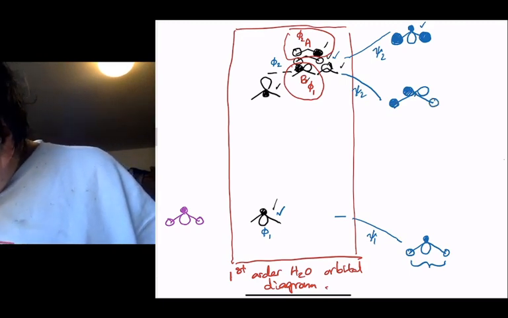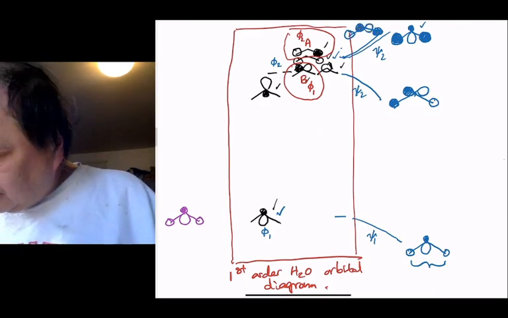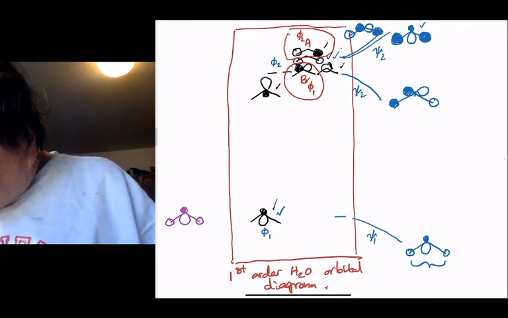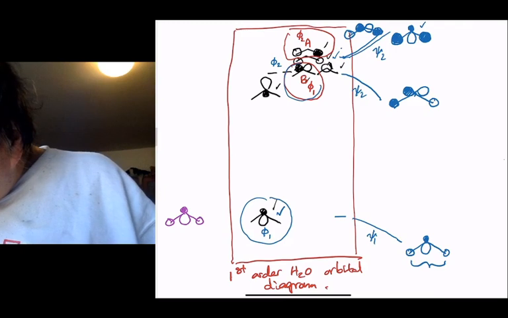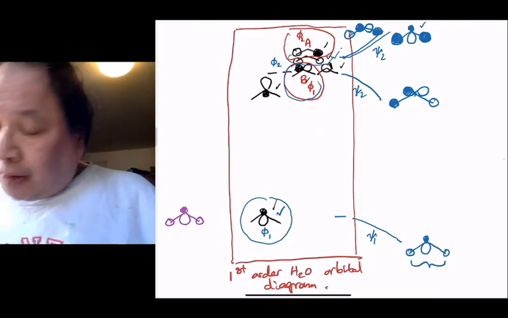And the out of phase combination will be then phi 1, which will be this guy, plus this guy. That makes them destructive interference. So now we have in fact used up this orbital, this one has been used up, both hydrogen orbitals have been used up.